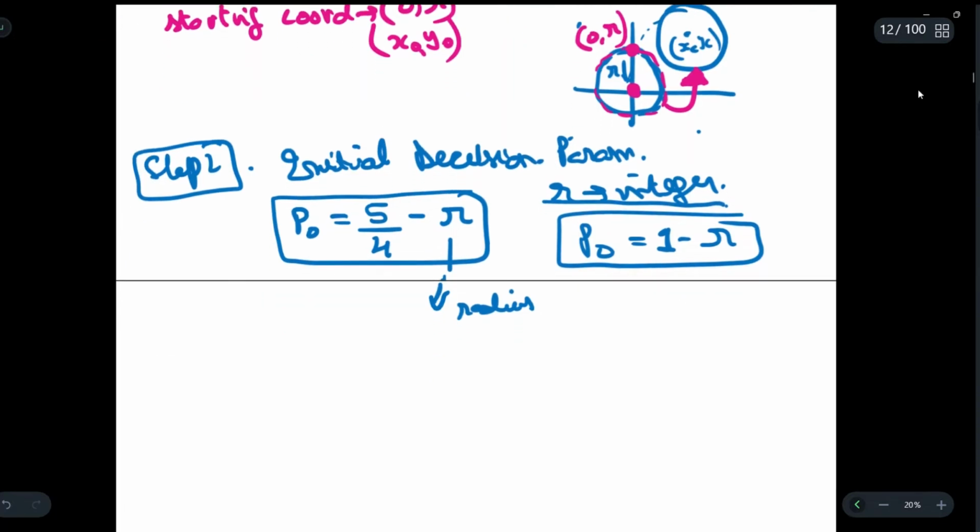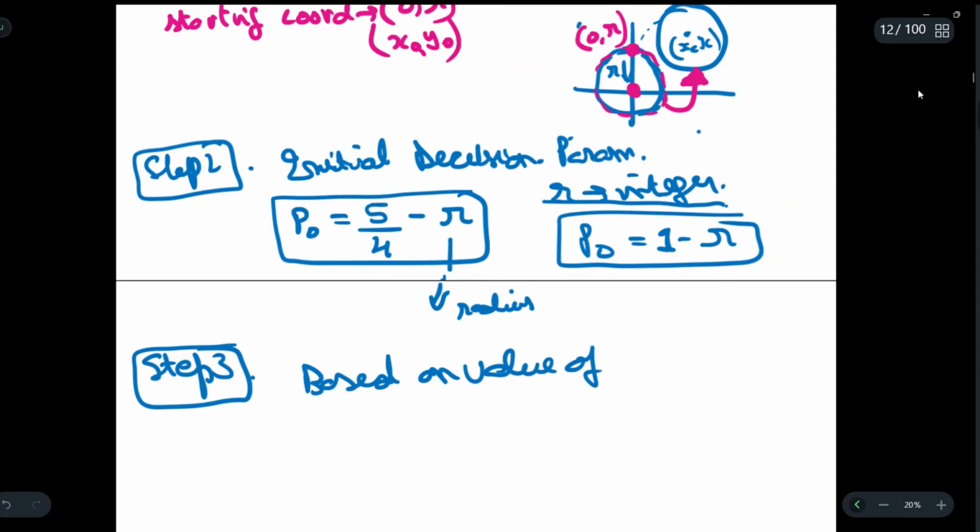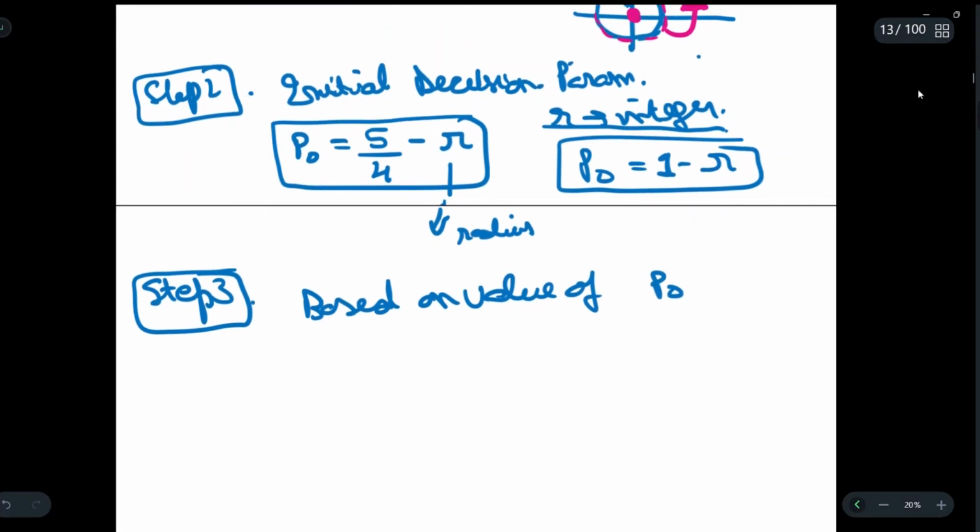Now let us do step 3. Based on the value of P naught, the initial decision parameter, we can have two cases. The first case is P naught less than 0.